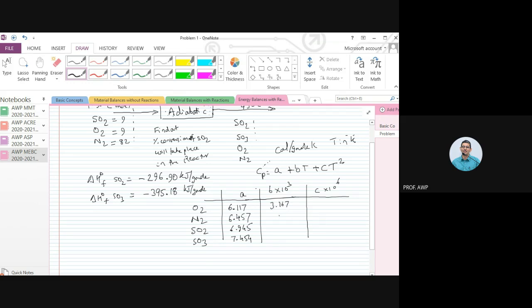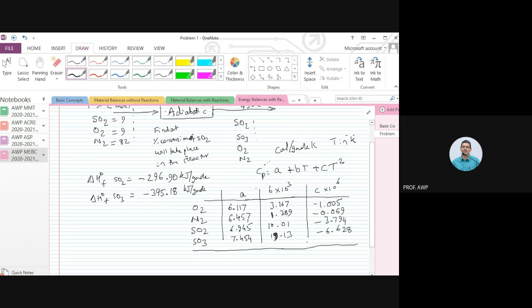B values: 3.167, 1.389, 10.01, 19.13. C values: minus 1.005, minus 0.069, minus 3.794, minus 6.628.